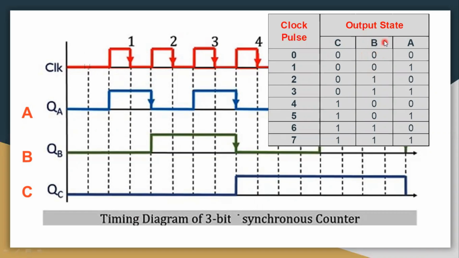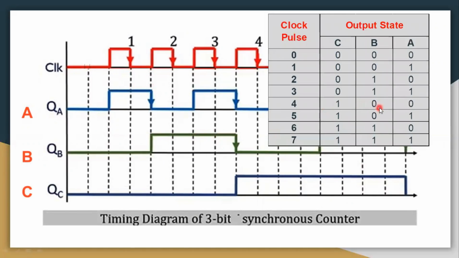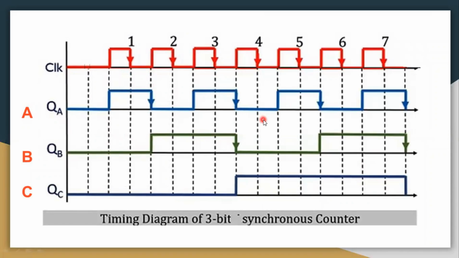When we consider the second digit B, from this truth table we can see that it goes high on the second and third clock pulses and on the sixth and seventh clock pulses. So the B output goes high on the second clock pulse and continues there until the fourth clock pulse, and on the fourth clock pulse, it goes low.